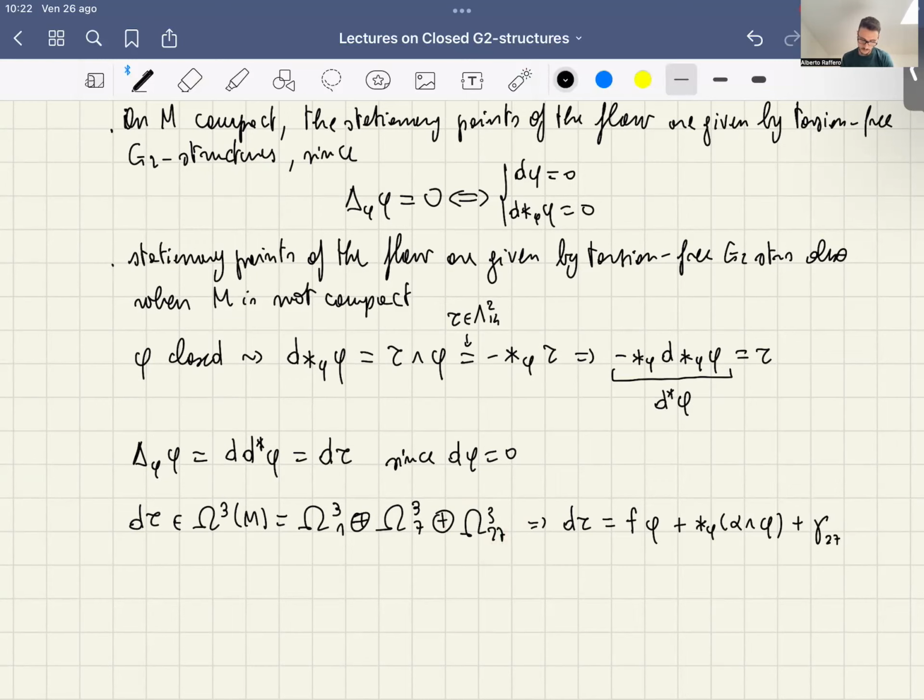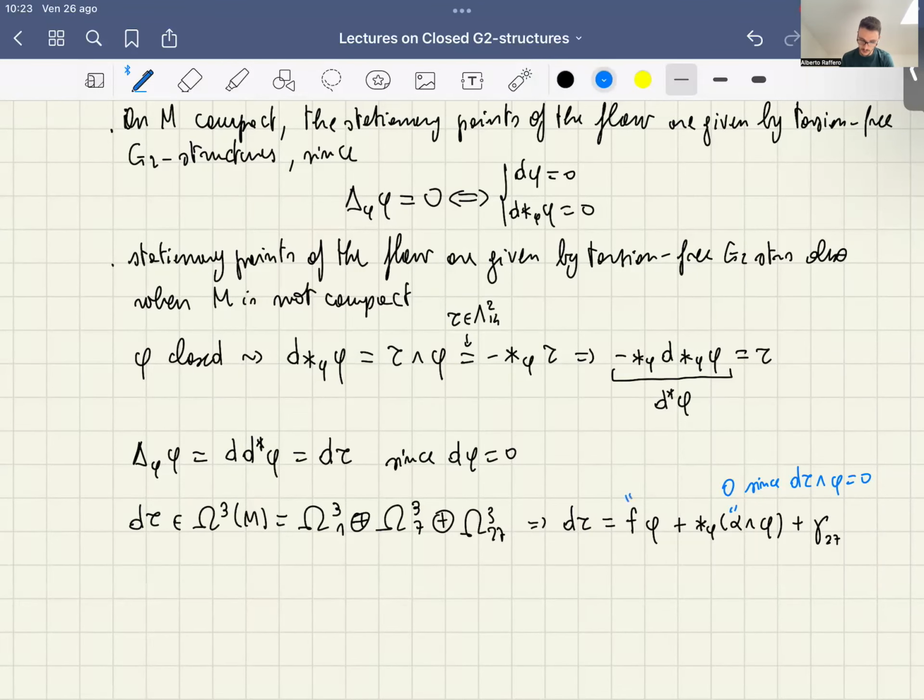And now what you can show with just simple computations is that actually you do not have this component here. So actually alpha has to be equal to 0. And this follows from the fact that d tau wedge phi is equal to 0. So you can try to do this as a computation.